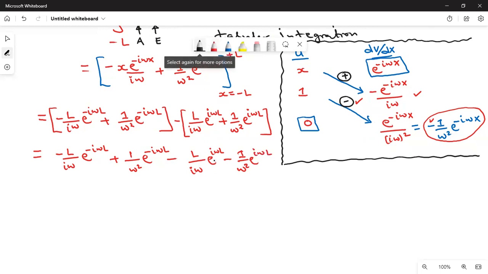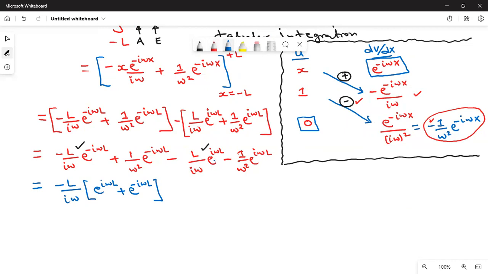Look at this one. Let me start with this and this. I can see L over i omega is common, so I can factor out that. This can as well be written as negative L over i omega, which is common, so that inside we have exponential i omega L plus exponential negative i omega L.